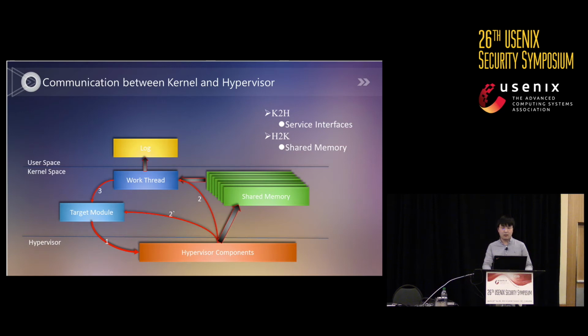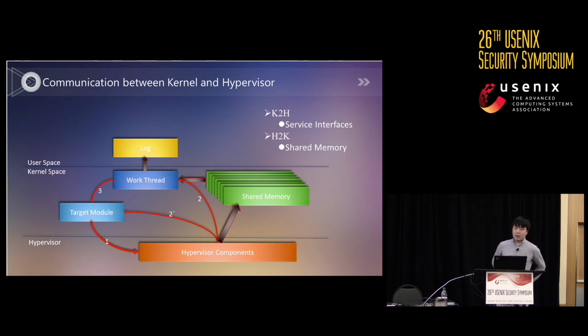Hypervisor to kernel is mainly implemented with shared memory. At first, when a target module triggers a monitored event, a VM exit will be captured by the hypervisor. Second, the hypervisor records the event information into shared memory. If the shared memory is full, it will inject a piece of code into the guest OS.